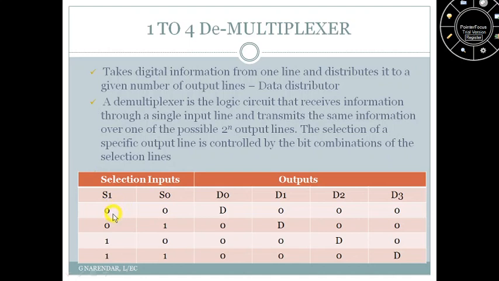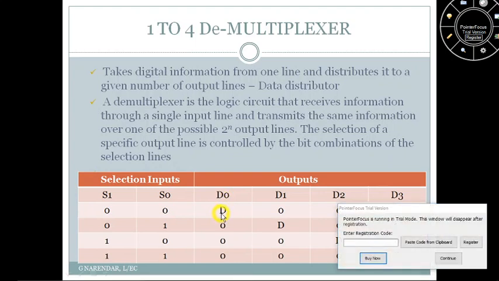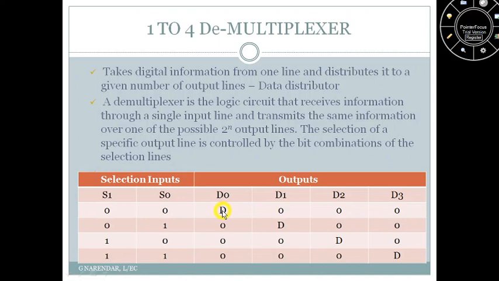So if S1 is 0 and S0 is 0, for this combination of the selection inputs, the D0 output line will get selected, and whatever data is present on the input line will get transferred to the first output line D0.